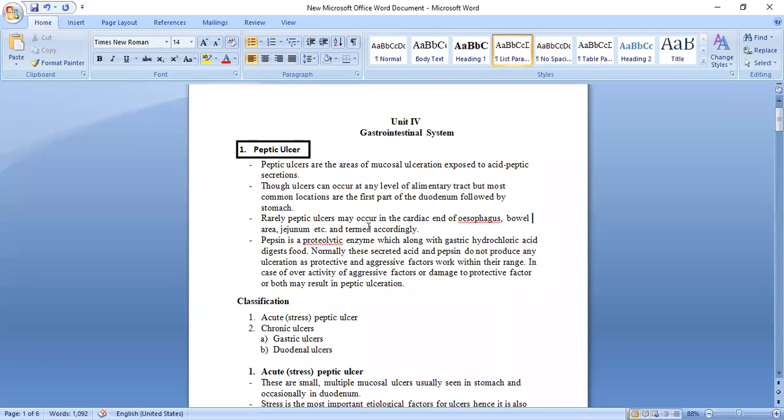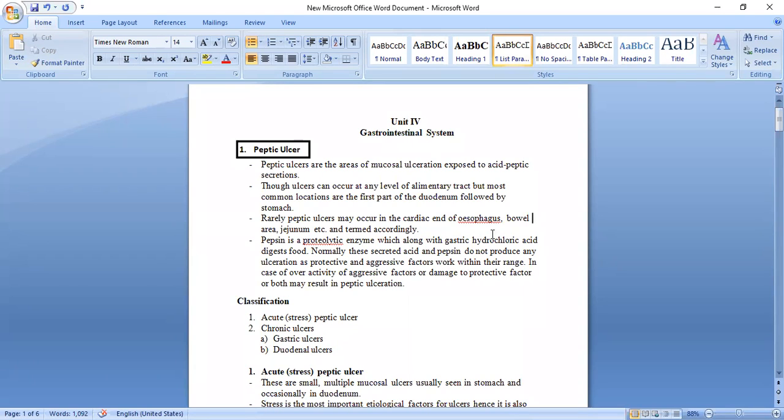Rarely the peptic ulcers may occur in the cardiac end of the esophagus, the Meckel's diverticulum area, or the jejunum, and are termed accordingly. Rarely, not occasionally. Commonly it is the duodenum and stomach, but rarely the cardiac end of the esophagus, jejunum, which part?